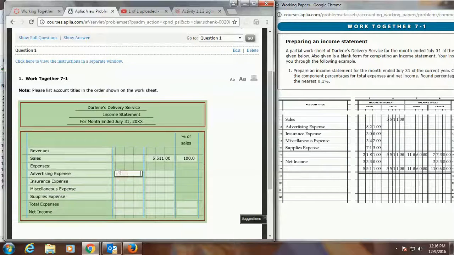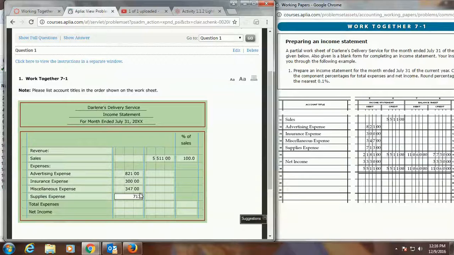Okay, and I'm going to put the numbers on the inside column here. These are not debit and credit columns like you've been used to seeing. This is just columns, so it's easier to organize your information. So I'm just typing in the dollar amounts here.